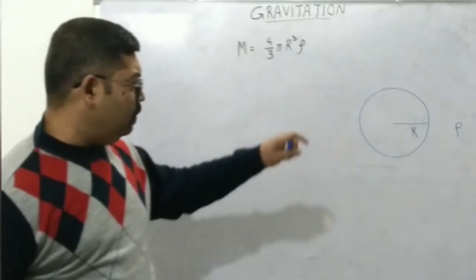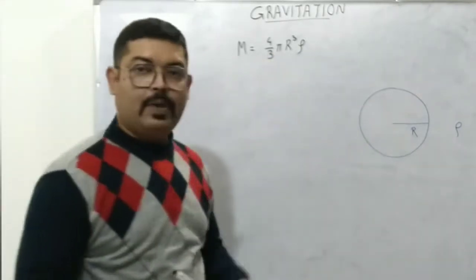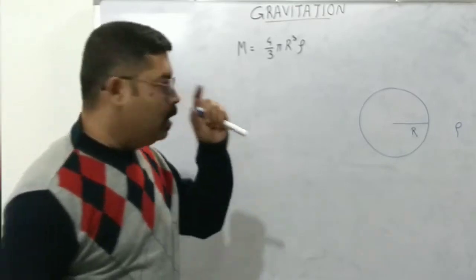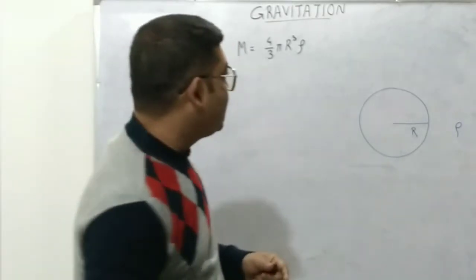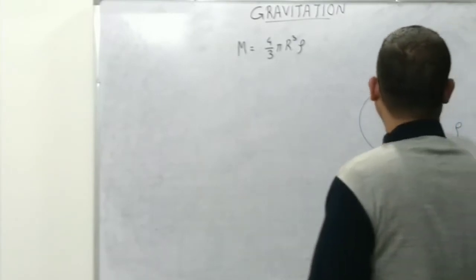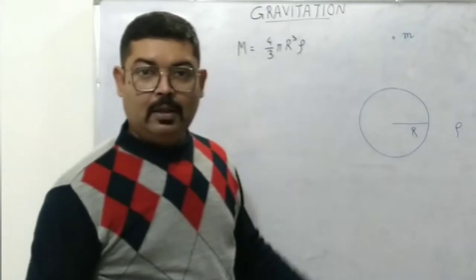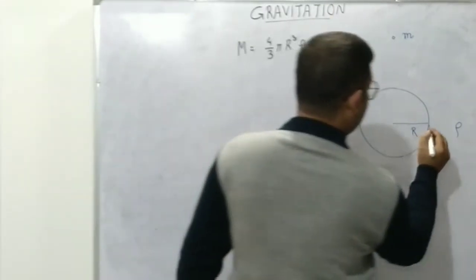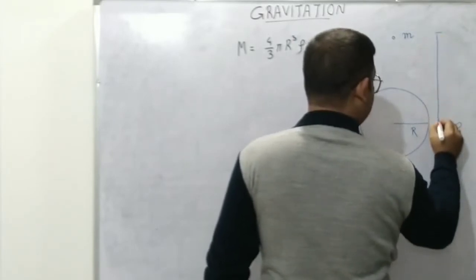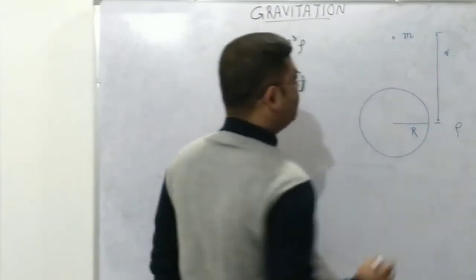Now from the law of gravitation we know that Earth, due to its mass, will pull any object towards its center. Right. So let's say first the object is outside the Earth's surface. Say we have an object of mass m outside, or above, the Earth's surface, and from the center of Earth to the object, the distance we will take as, say, r.